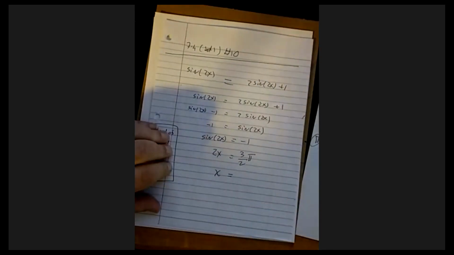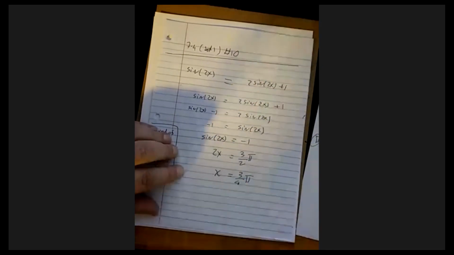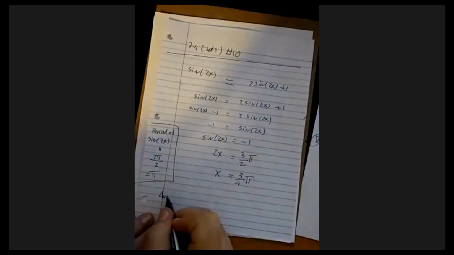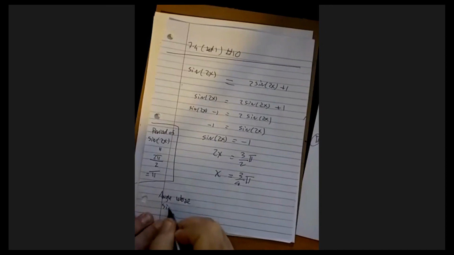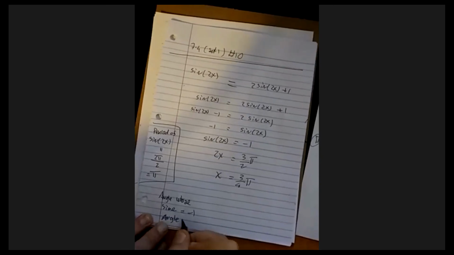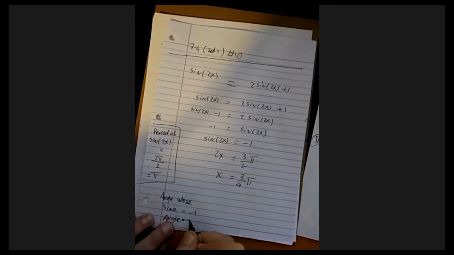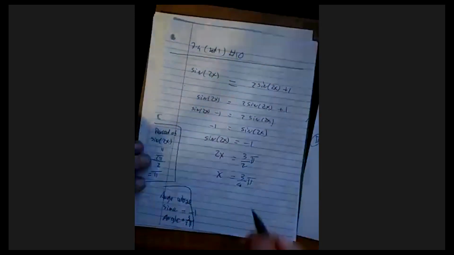What do you do to both sides? Divide by 2. Wait, how did you get 3 over 2 pi again? If you are looking for an angle whose sine is equal to -1, and the angle that does that, and I don't want to call it x, I want to call it angle, is that guy, right? Now, we are looking good.